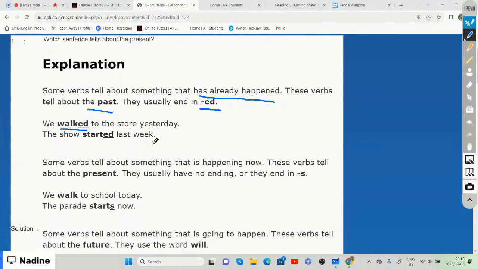And we can then say that these verbs end in ed. And then, the show started last week. So started is our verb that refers to something that happened already. It's a verb that tells us about the past.